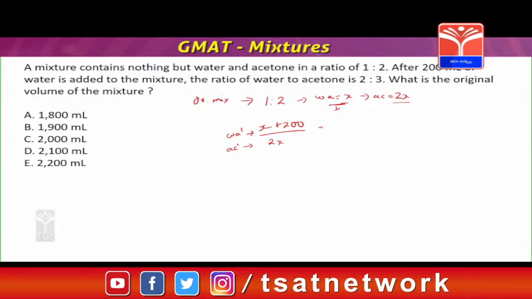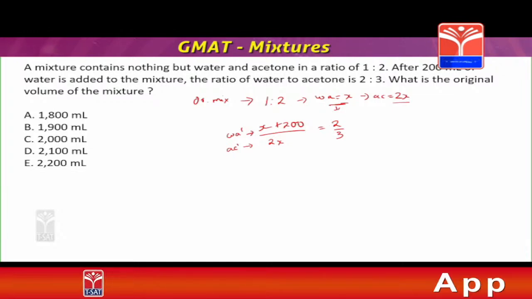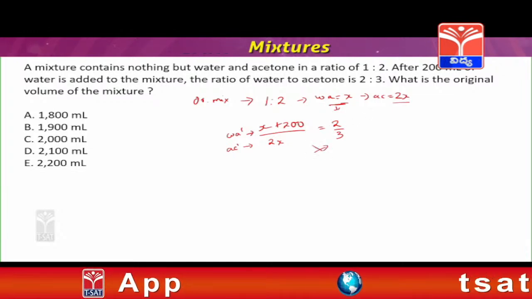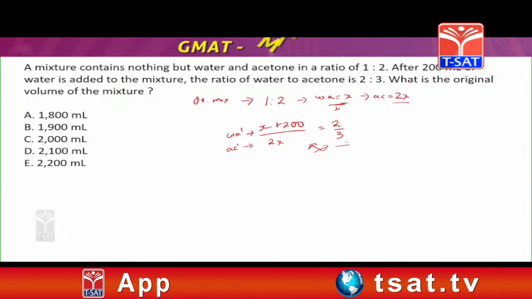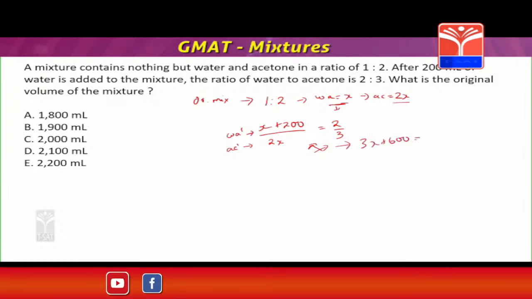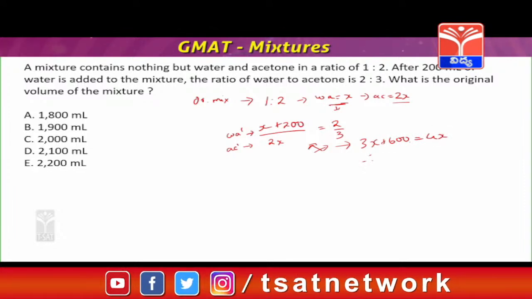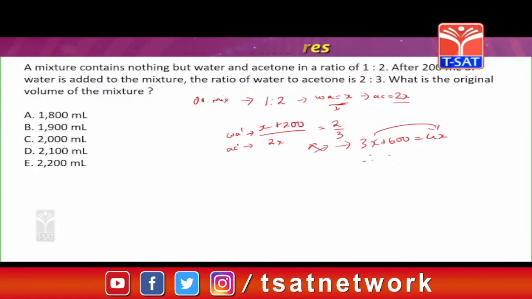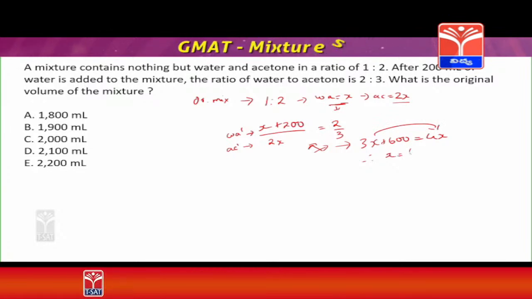And now they are saying this ratio has become 2:3. So, you equate it to 2/3, cross multiply, and you get 3x plus 600 is equal to 4x. Therefore, if you take 3x to that side, you will have 4x minus 3x, that is x is equal to 600.